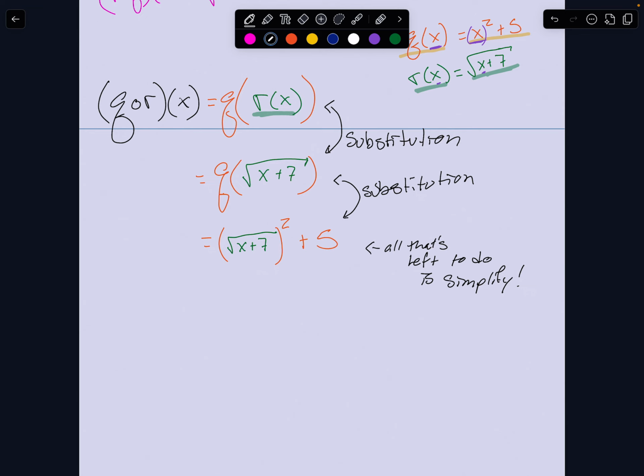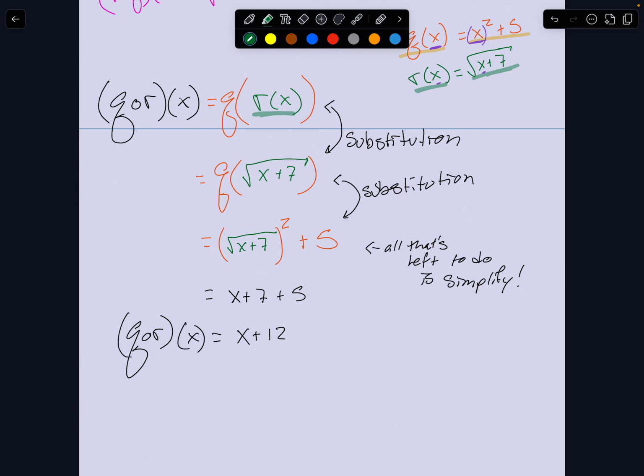Okay, so if we simplify, well, that square root and that square cancel each other out, right? So this is just x plus 7 plus 5, or x plus 12. So this is q of r of x.